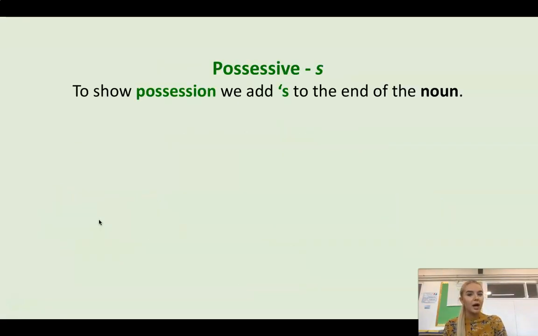Now we're going to think about apostrophes for possession, because today's focus is all about the apostrophe for possession. We need to understand the difference between singular possessive apostrophes and plural possessive apostrophes. When we show possession with a singular, we add apostrophe S to a noun. We've just learned that.